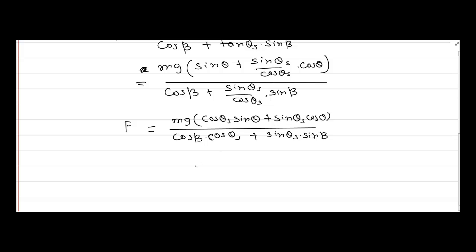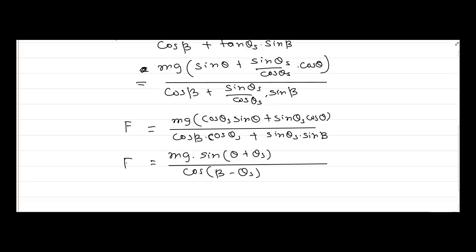And now using equations of trigonometry, we will get F is equal to mg into sine of theta plus theta s, over cos of beta minus theta s.